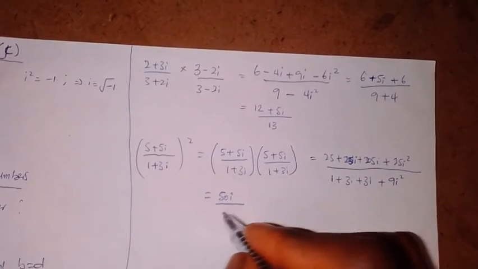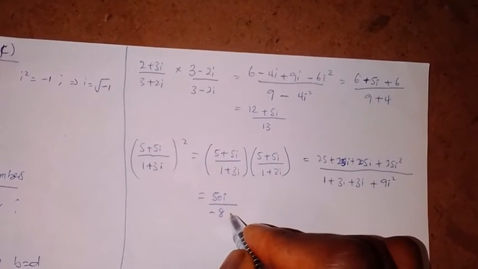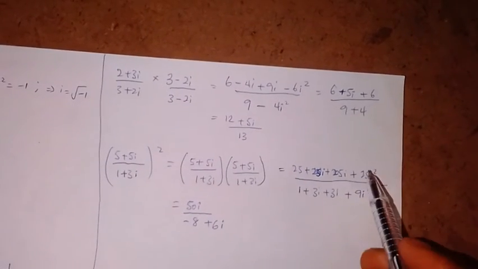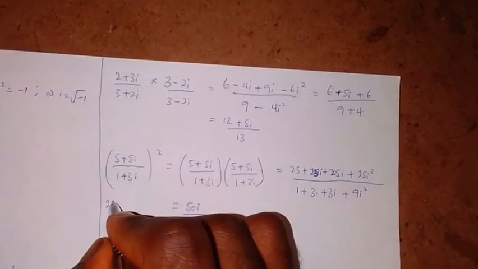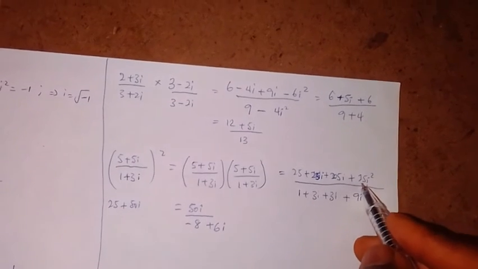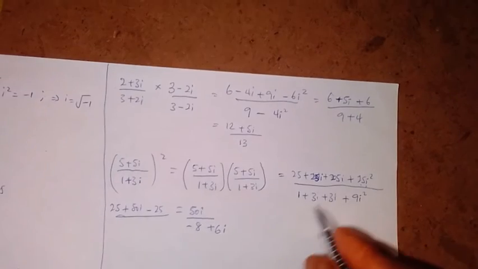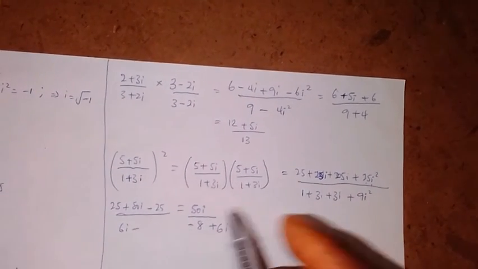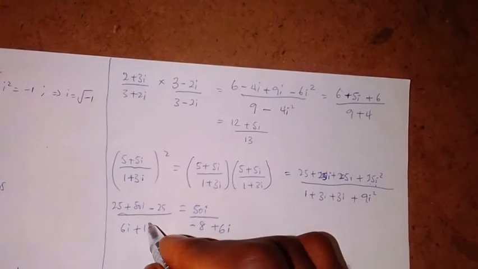50i over, we have this as minus 8 plus 6i. How come about that? This becomes minus 25, this becomes 25 plus 50i, minus 1 times 25, because i squared is minus 1, I'm going to have minus 25, over 1 plus 6i, and then this becomes minus 1 times 9, which becomes minus 9.